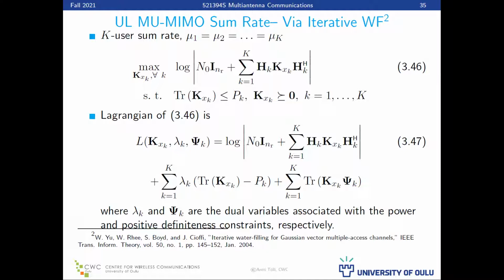So this is a hint that there is a block coordinate ascent algorithm where you can solve all these variables one at a time by keeping the others fixed. And this is exactly what will follow.